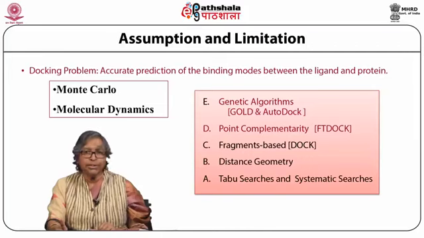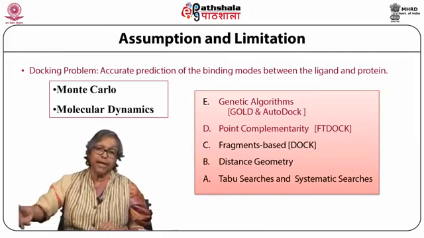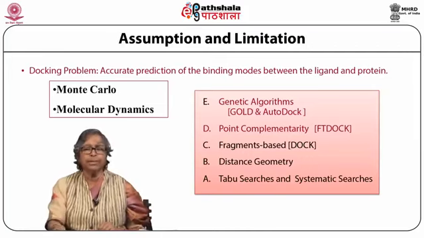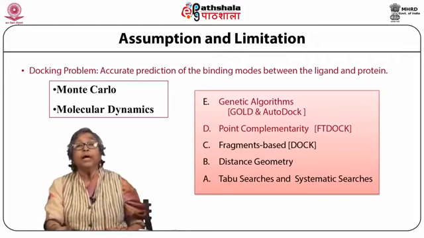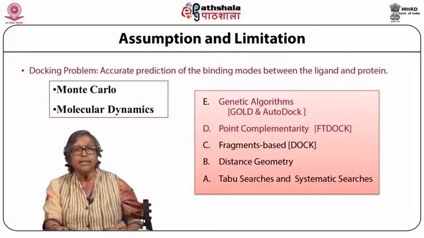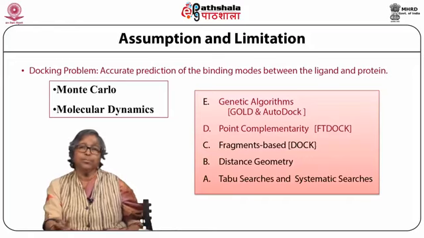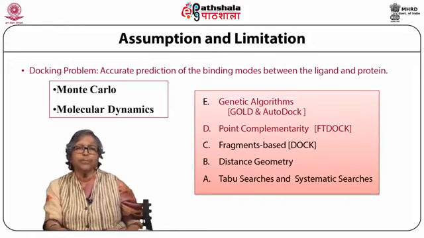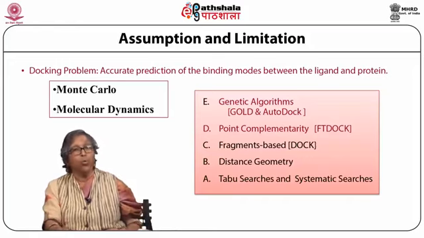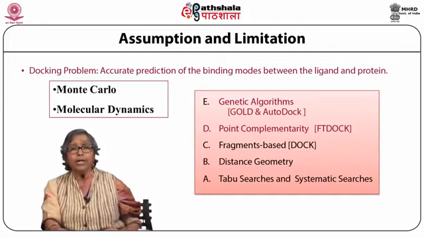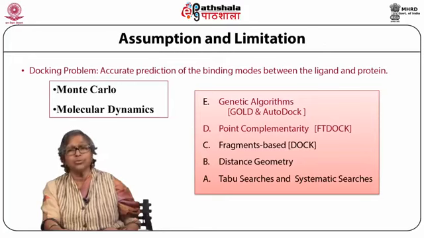One is the taboo search method, which I will explain, with the many methods and softwares available. Distance geometry is another. Fragment-based methods, which are very popularly used in DOCK and FlexX, will also be described. I will not describe in too much detail the complementary method, which is a very time-consuming method and not so used in docking.